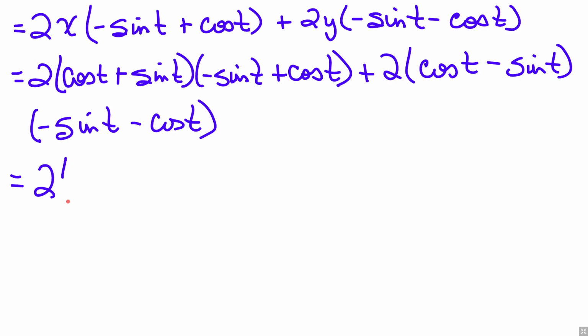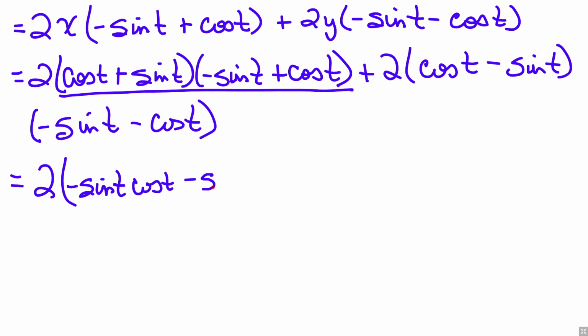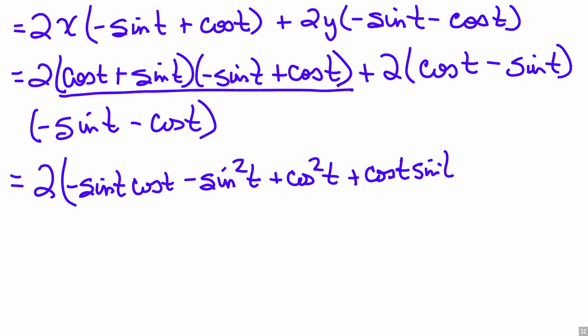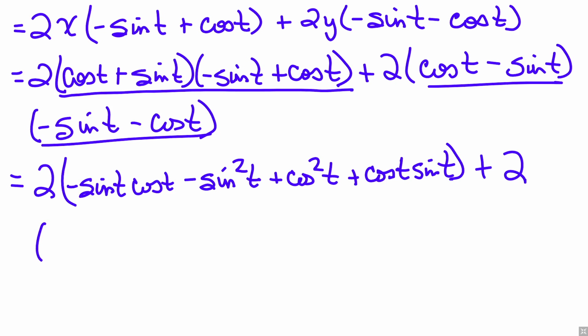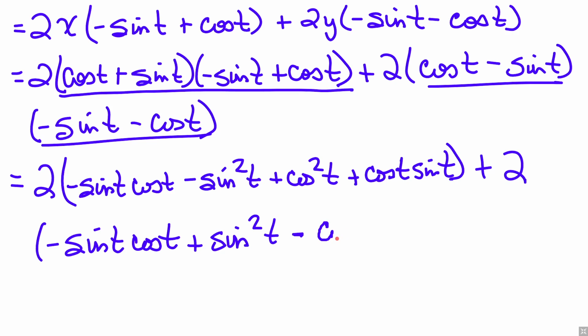We end up with 2 times, if we multiply this out, negative sine t cosine t minus sine squared t plus cosine squared t plus cosine t sine t, plus 2 times, and if we multiply these together, negative sine t cosine t plus sine squared t minus cosine squared t plus cosine t sine t.